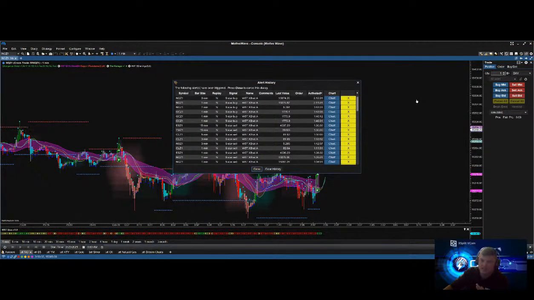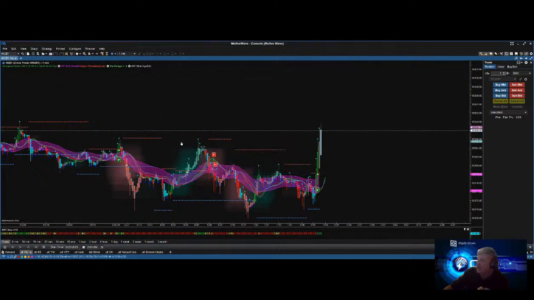Now we're getting signals on the higher time frames, which is always a good sign.